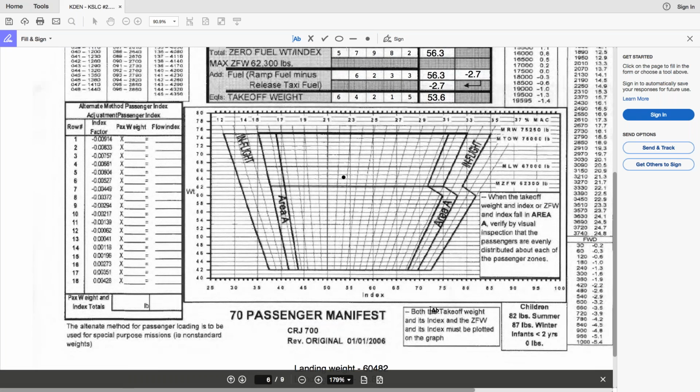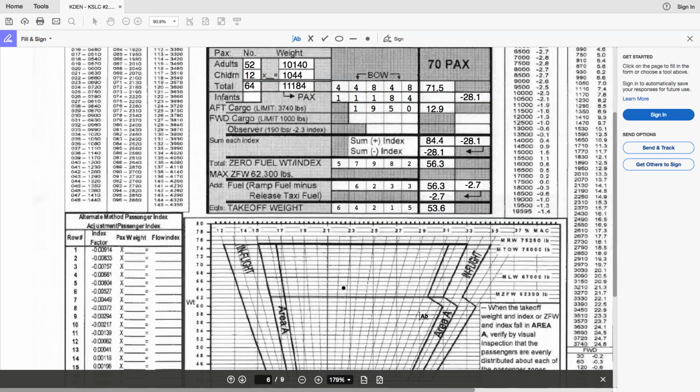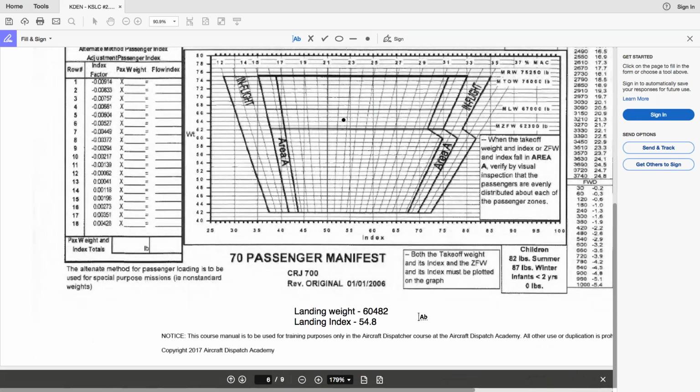Everybody good to that point? Scroll up just a little bit. Okay. So you can even mark that point too, 60 and 54.